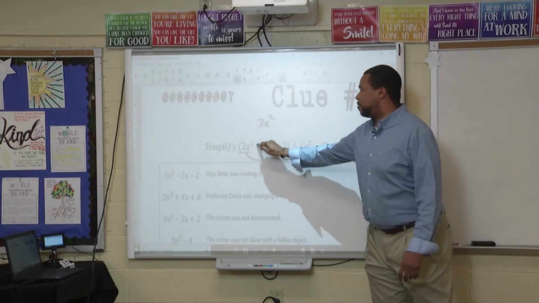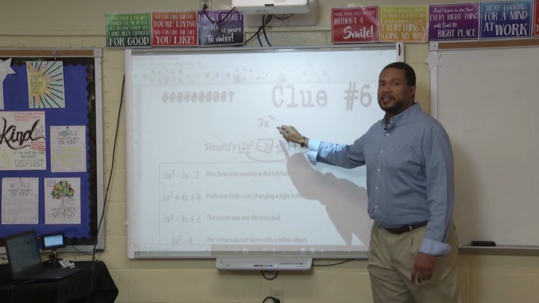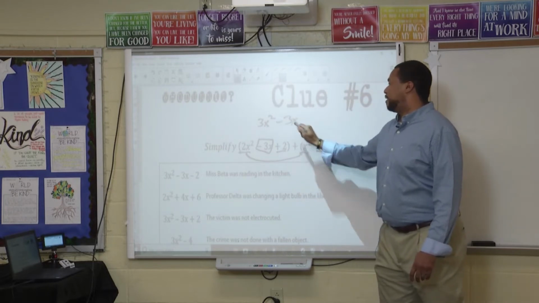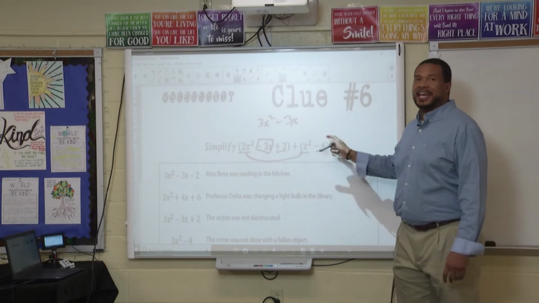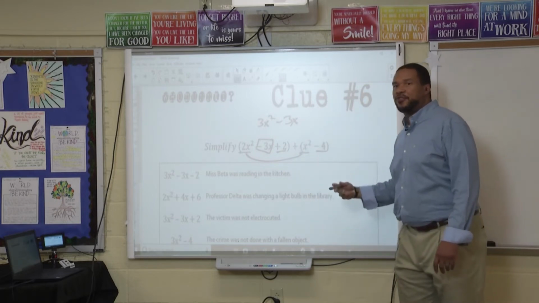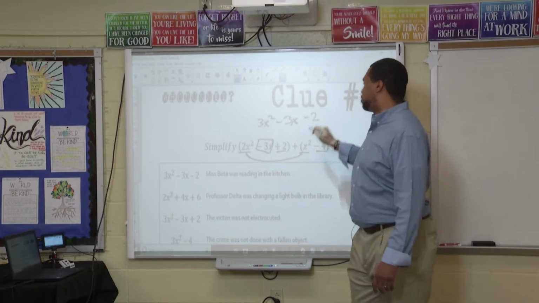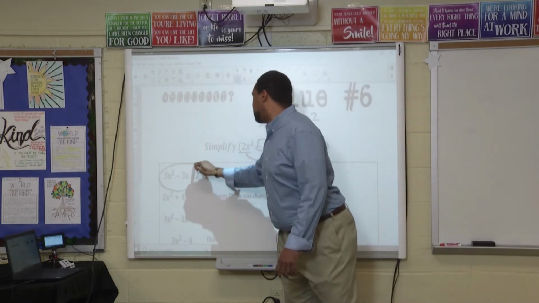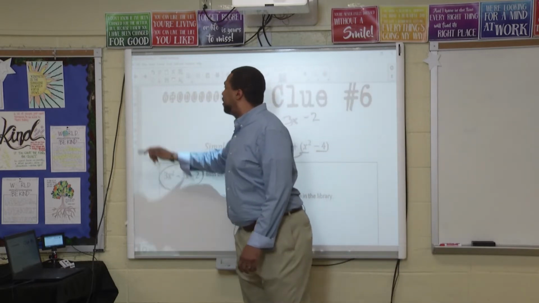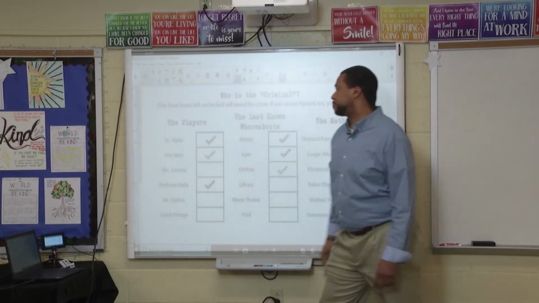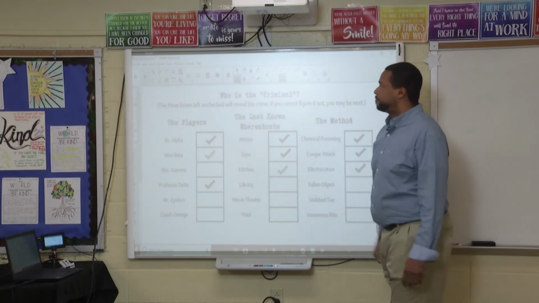There is no like term to go with negative 3x. So negative 3x plus 2 plus negative 4. 2 plus negative 4 is negative 2. So that leaves us with Miss Beta was reading in the kitchen. So we would check that off our clues. Miss Beta in the kitchen.